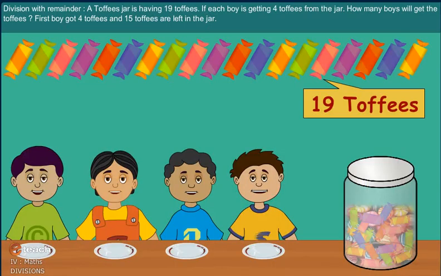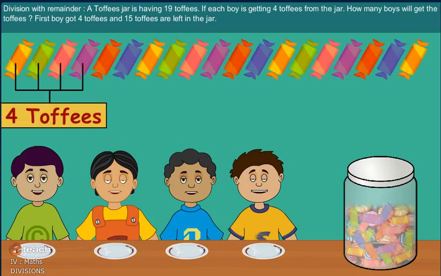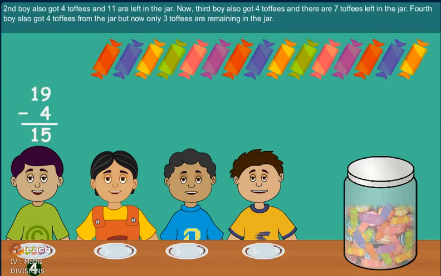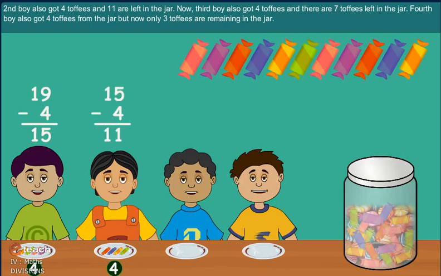A toffee jar has 19 toffees. If each boy gets 4 toffees from the jar, how many boys will get toffees? The first boy got 4 toffees and 15 toffees are left in the jar. The second boy also got 4 toffees and 11 are left in the jar.